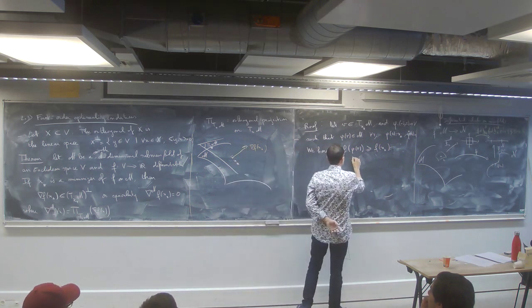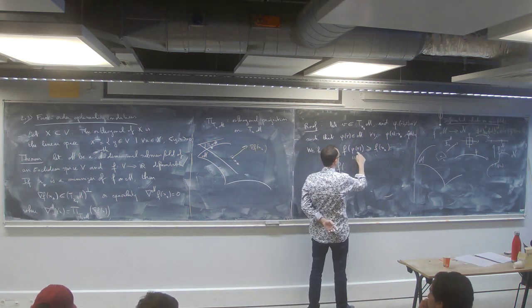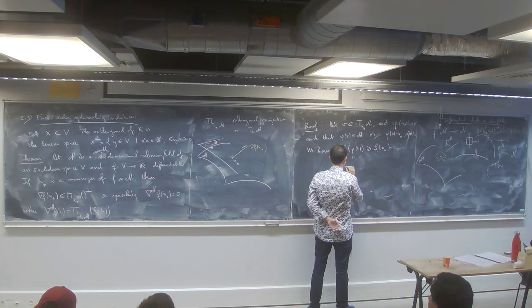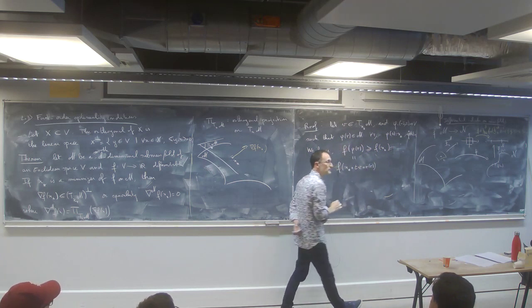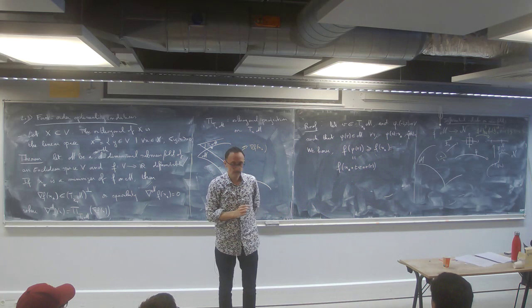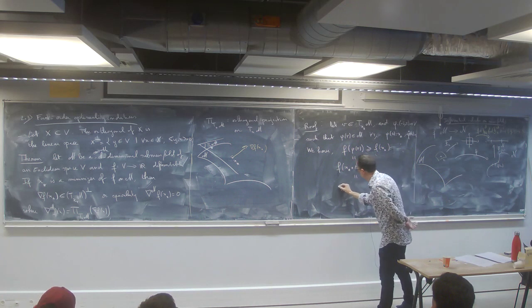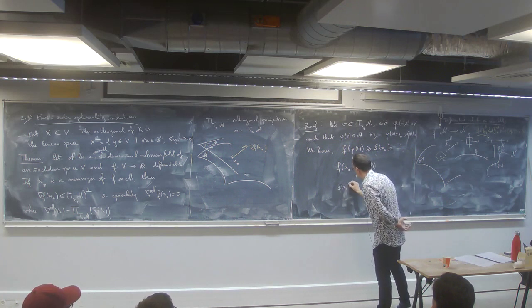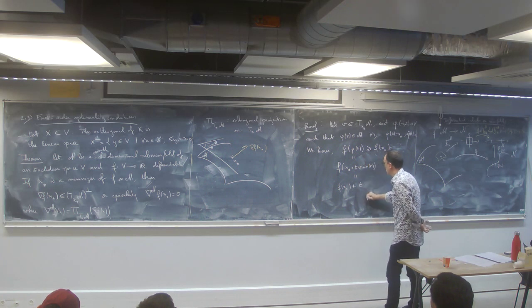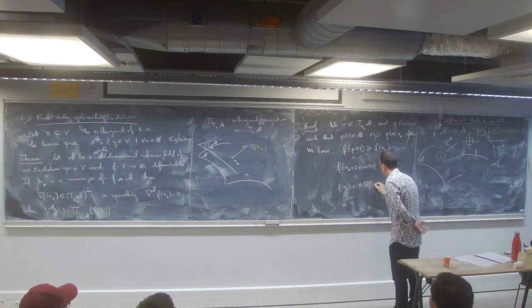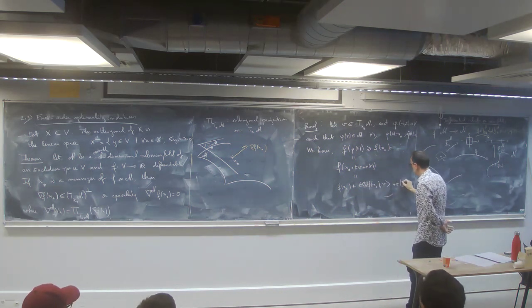For t small, I can Taylor expand phi of t. Phi of 0 is x star, plus t phi dot of 0, which is v, plus a little o of t. Then I use the chain rule, I expand all that, and I find f of x star plus t grad f of x star times v plus a little o of t.